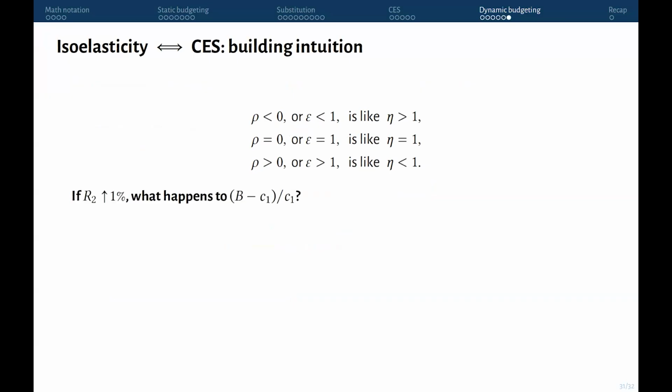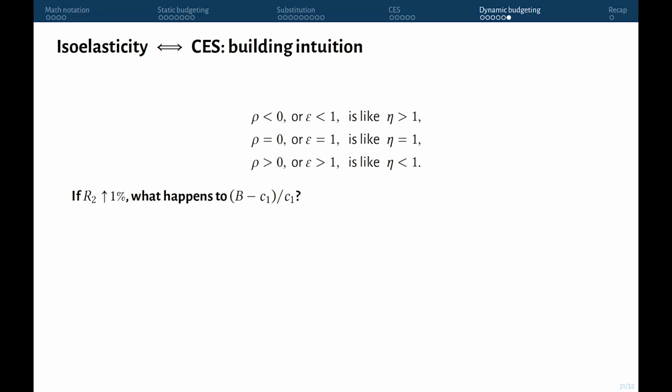All right, so just to make sure we haven't completely glazed over, let me ask you 2 questions. Let's say the interest rate, the number of units of consumption you can get in time 2 per dollar you put aside today, goes up 1%.